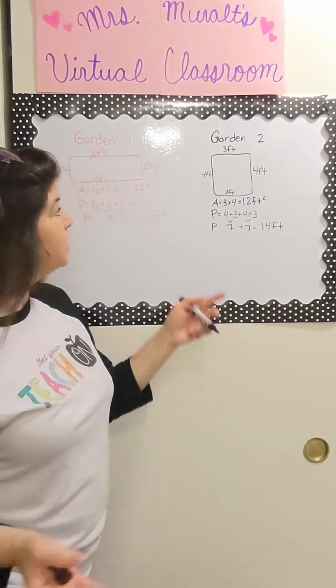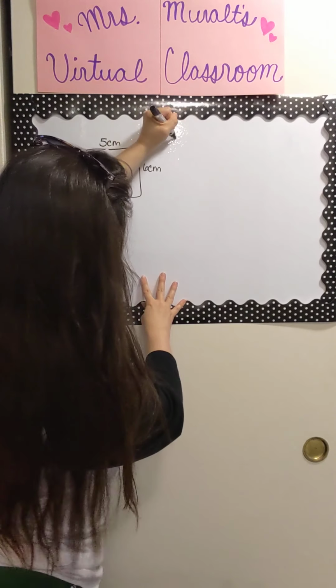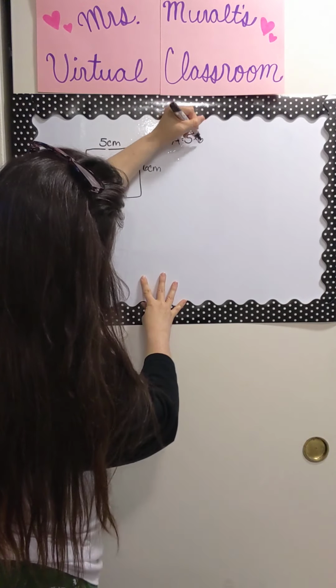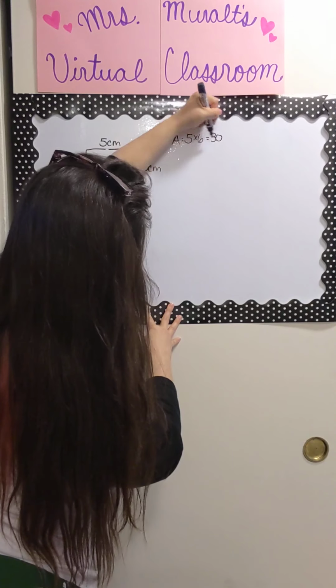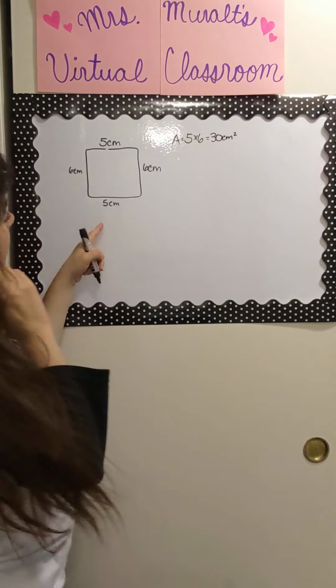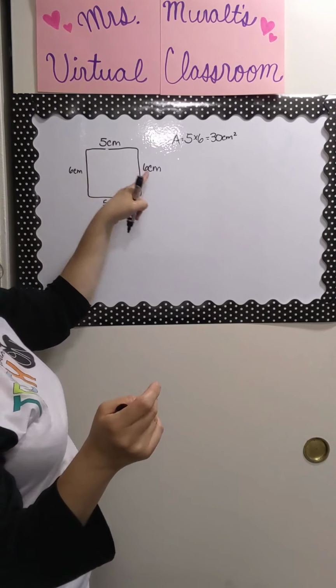Oops, silly mistake. All right, so each of these are 5s, each of these are 6s. So remember the area, I'm only multiplying length times width. So to find my area, I'm doing 5 times 6 equals. What's 5 times 6? Quick. 30 centimeters squared.